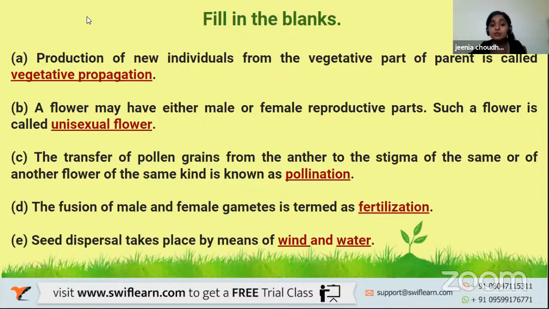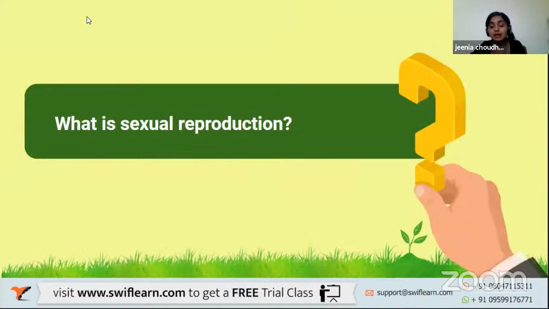The transfer of pollen grains from the anther to the stigma of the same or of another flower of the same kind is known as pollination. The fusion of male and female gametes is termed as fertilization. The seed dispersal takes place by means of wind and water. Let's move on to some other questions.